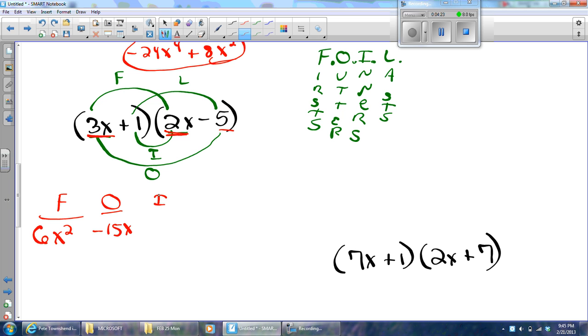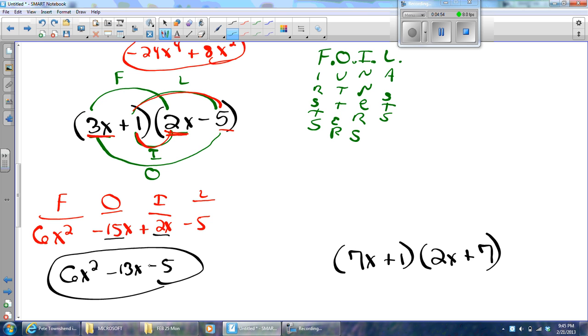And now my inners get me 1 times 2x, a positive 2x. And then finally, my lasts are a positive 1 times a negative 5, which would be negative 5. One thing I notice here, I have two like terms. So I'm going to simplify. I'm going to get 6x squared minus 13x minus 5. And there you go. Pretty simple stuff.